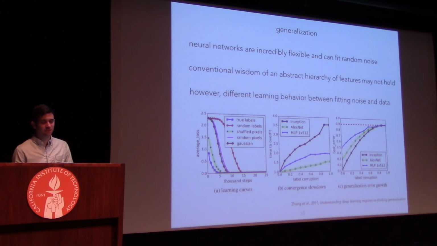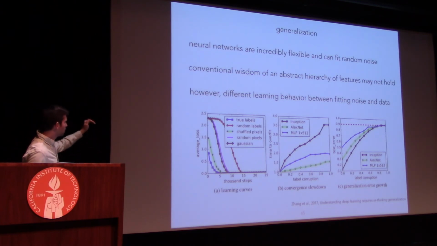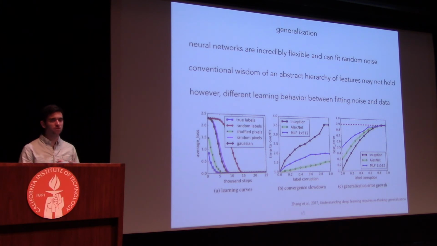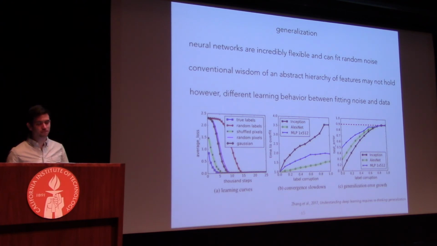This is quite scary, because it says that we have this maybe overly expressive function. How are we sure that it's actually learning something reasonable and not just totally overfitting? But you can see that there are different behaviors for training on true labels versus random labels and random data. It is something to keep in your back pocket and know about.